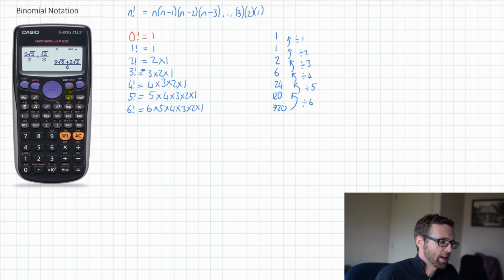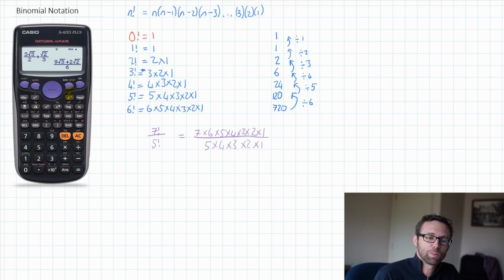Now let's do an example of this. Let's say you've been asked to find 7 factorial divided by 5 factorial. Obviously you can do this in a calculator, but it's nice to be able to figure these things out in our head. We could do it the long way: 7 times 6 times 5 times 4 times 3 times 2 times 1 all over 5 times 4 times 3 times 2 times 1.